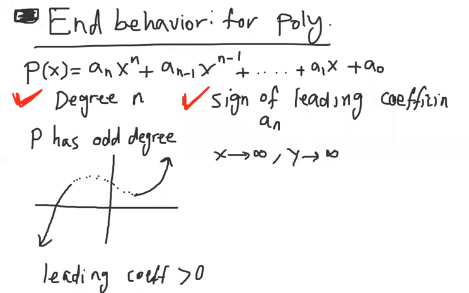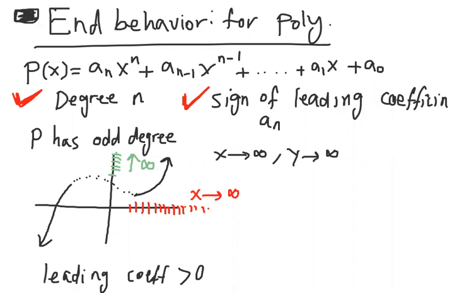What does that mean? Look at the value for x. When x goes to a large number, infinity, the value for y goes to infinity.